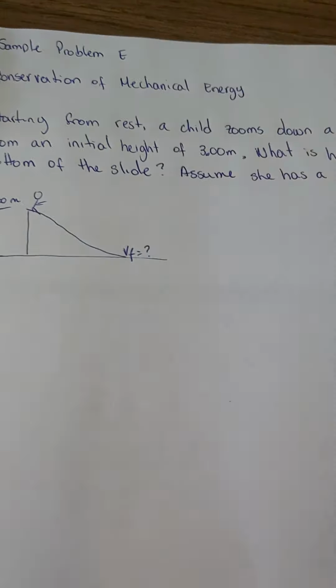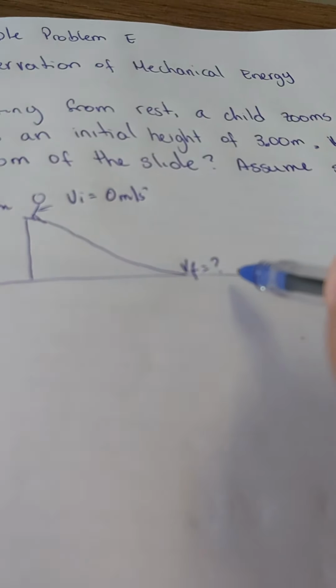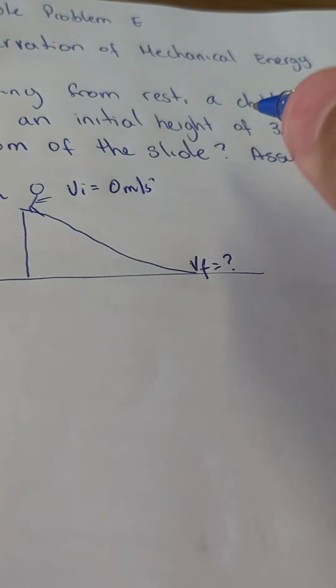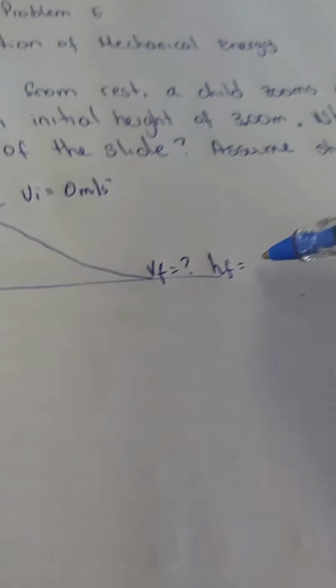The child is starting from rest. That means that the initial velocity will be equal to 0 meters per second. Now we need to find the final velocity at the bottom of the slide. That means that the final height at the bottom of the slide will be equal to 0 meters.